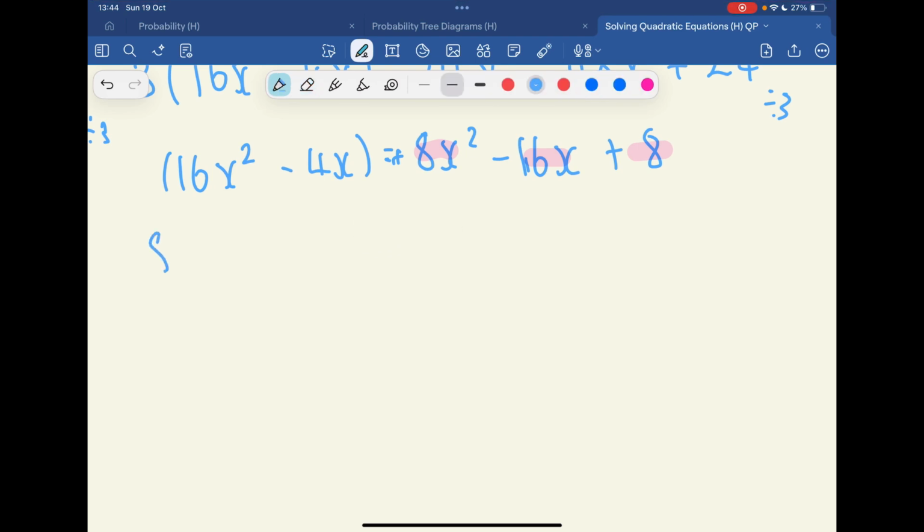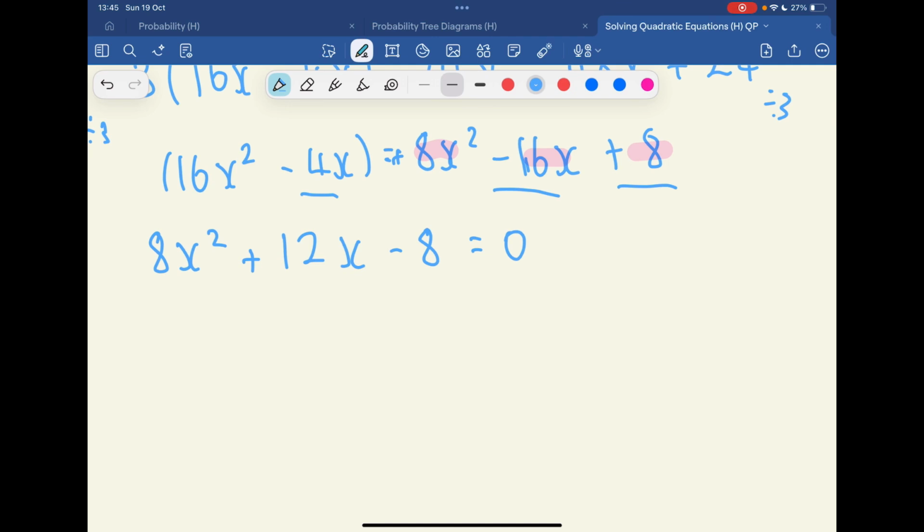That will give us 8x squared. We have negative 4x here, and we're going to add 16x to both sides. That will give us positive 12x. And then here we have this positive 8. We're just going to subtract 8 from both sides. This will give us minus 8. And this is equal to 0.